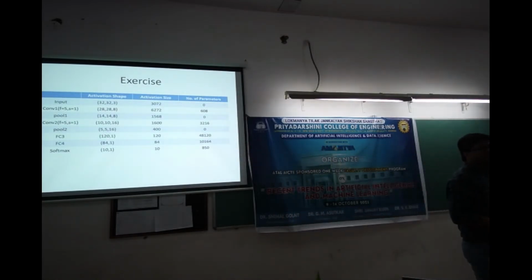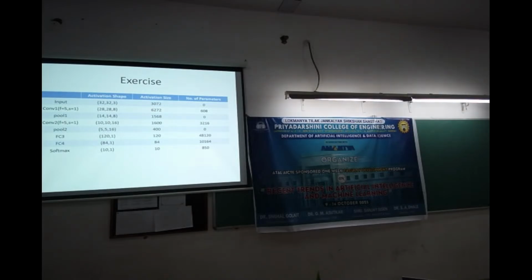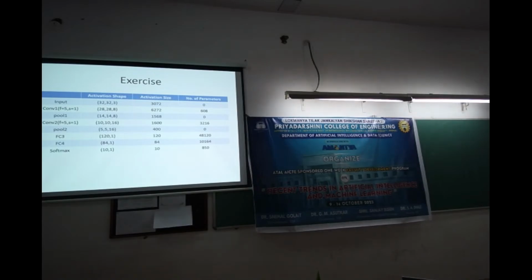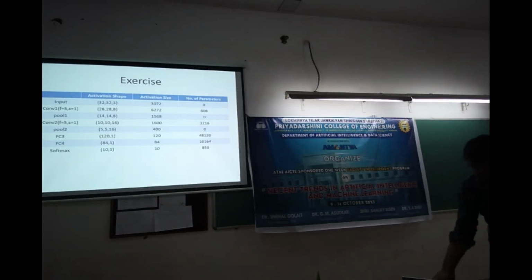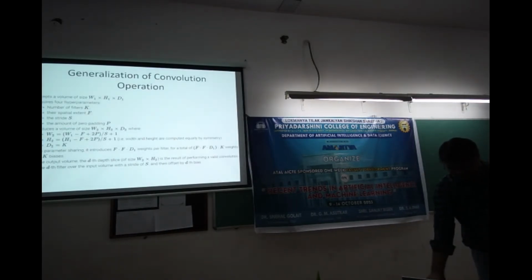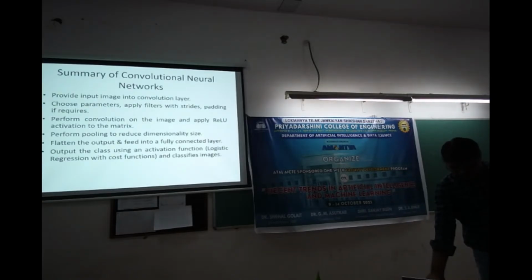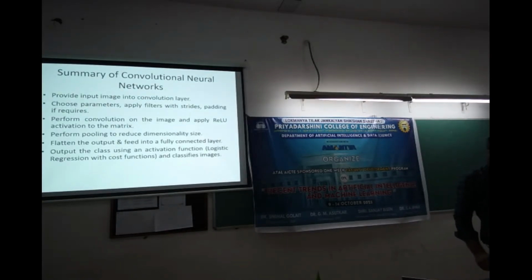With the help of gradient descent or the backpropagation algorithm, we need to identify the optimal value of each of these parameters. This is the summary of a convolutional neural network.